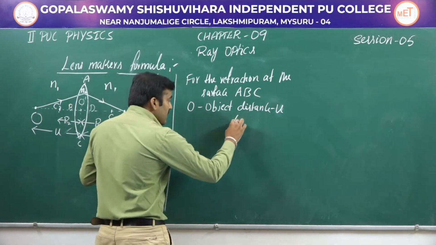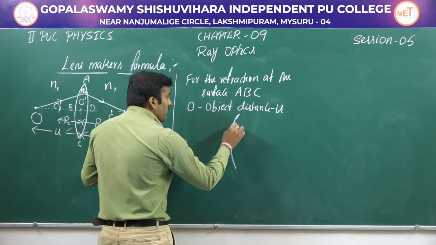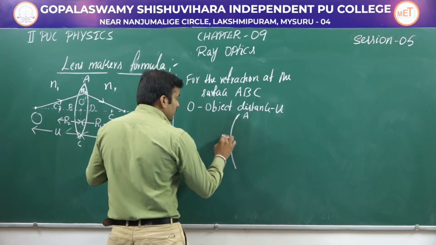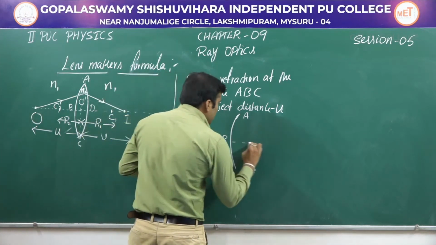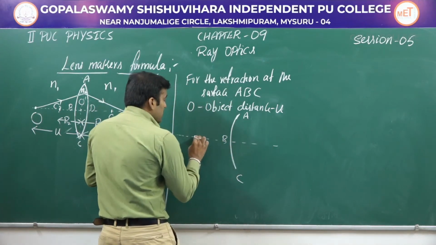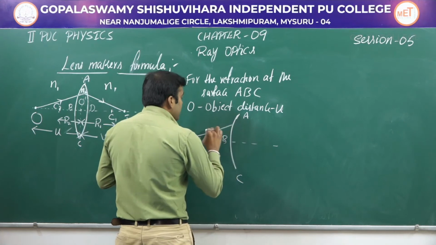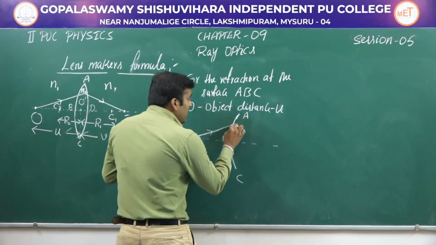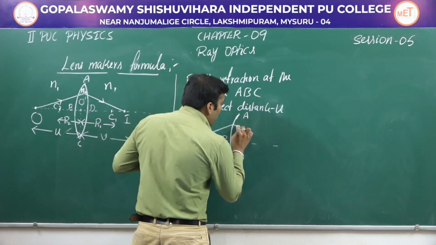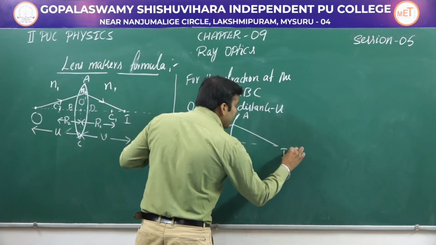So this is a surface ABC, and for this refraction from the object, the light is incident at the surface ABC, and an image is going to form somewhere at I dash.